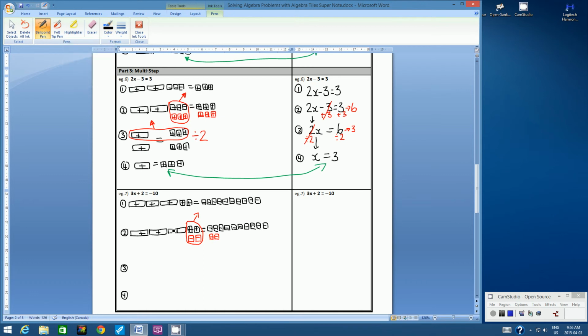So when we go to step 3, we got to think about groups now. All that remains on the left-hand side is 3 x's. So let's separate our 3 x's. We'll stack them on top of each other to show 3 different groups.